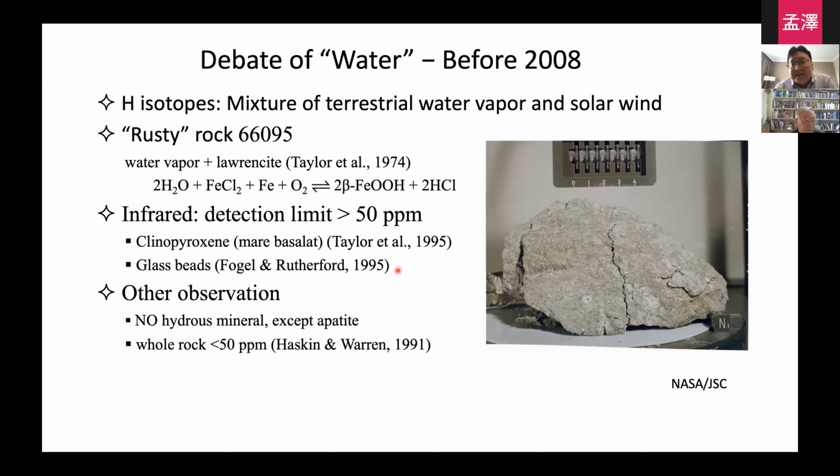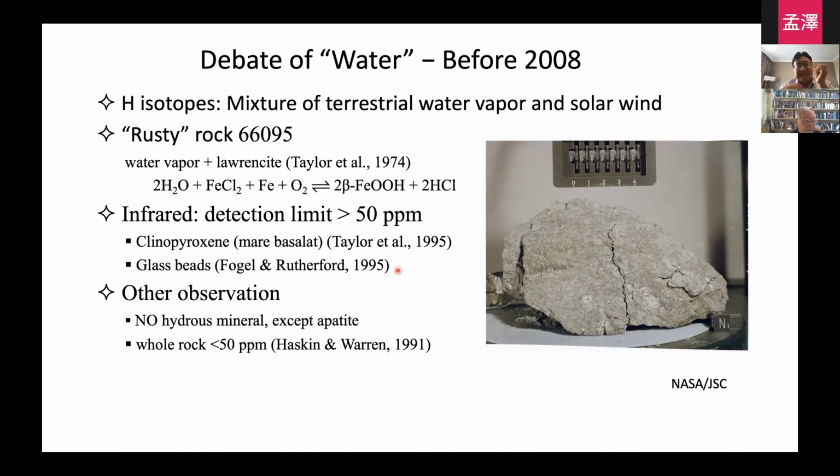Since Houston is humid, the samples could be contaminated by terrestrial water. Another thing is the solar wind. These materials were impacted by solar wind particles on the lunar surface for billions of years, so this is why there is a signal from solar wind. So this mixture of these two sources can explain the hydrogen isotopes in lunar samples.